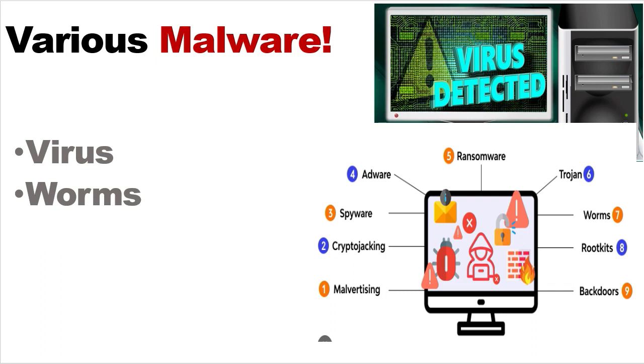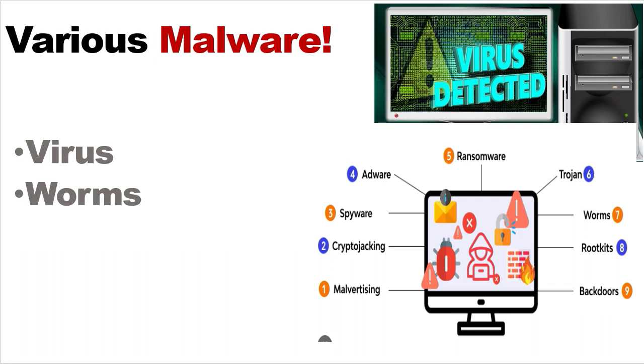So malware is malicious software code which can destroy or affect your computer programs or data, completely destroying them or making them unreadable. Here in this video, I'm going to explain the various types of malware available.